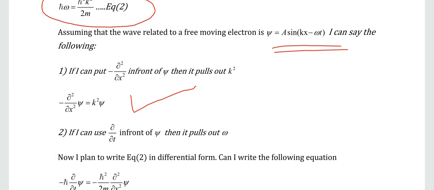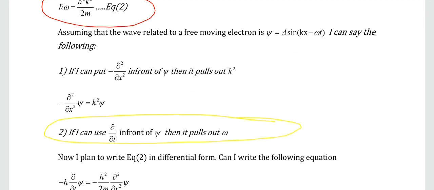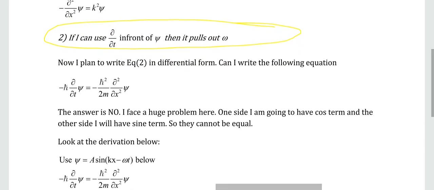But pulling out energy was very easy. Just use first order d by dt on psi, and omega is easily pulled out. Agreed? So when you apply d by dt on psi, the omega is pulled out in a very careful manner.